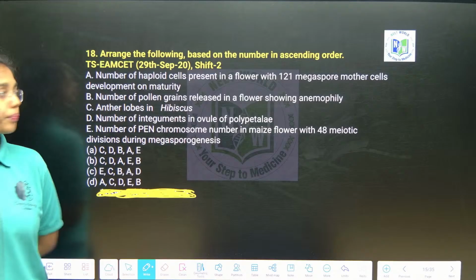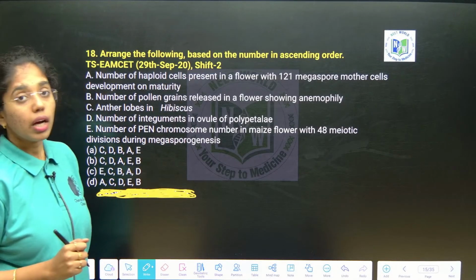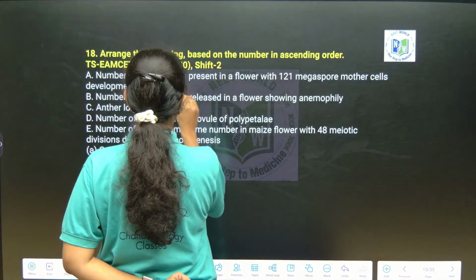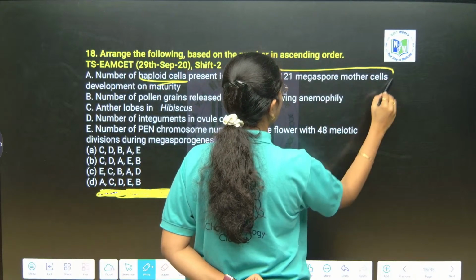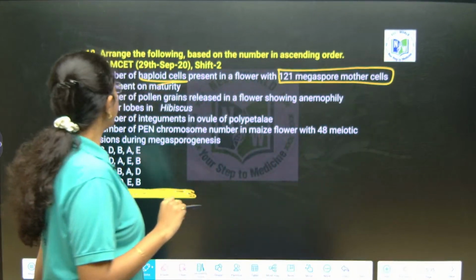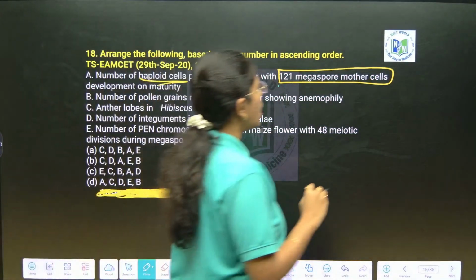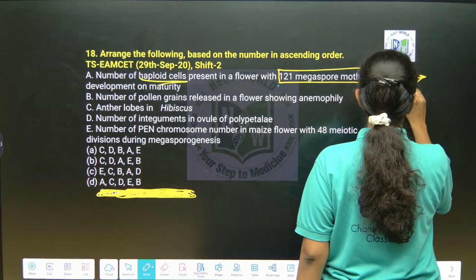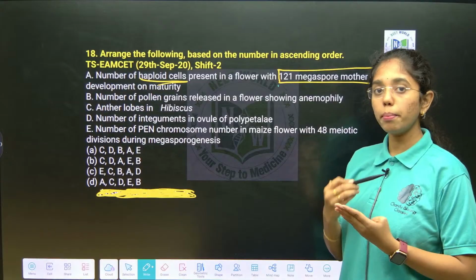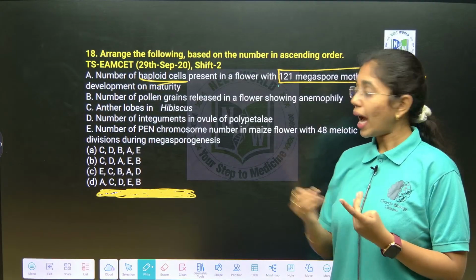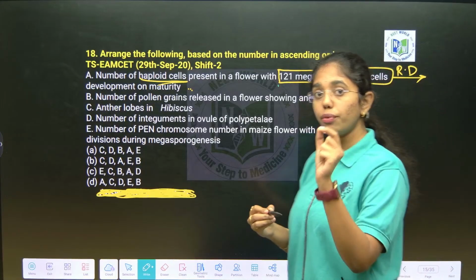You can do it. First, you see the number of haploid cells present in a flower. Haploid cells he is asking. Haploid cells present in a flower with 121 megaspore mother cells. After undergoing reductional division, each megaspore mother cell will give rise to 4 megaspores, of which at maturity 3 will be degenerated and only 1 will be functional.